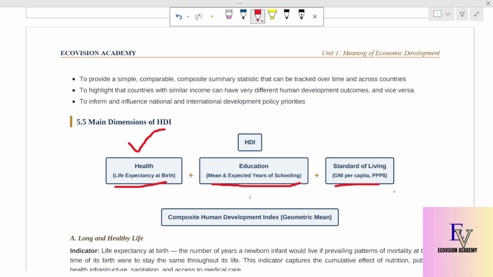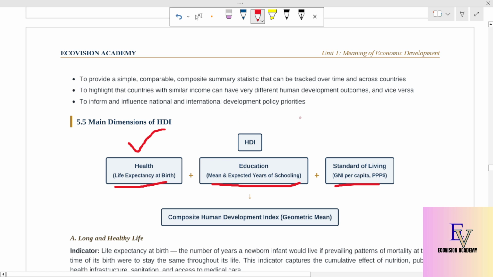Expected years of schooling means, suppose from this time, for how many years I am going to complete my studies. And then finally the standard of living, that is, if you consider purchasing power parity, the most important thing which is considered is the per capita income. GNI per capita basically means GDP per capita. The GDP or GNI per capita is the per capita income. If I get the per capita income, then I can get the standard of living.